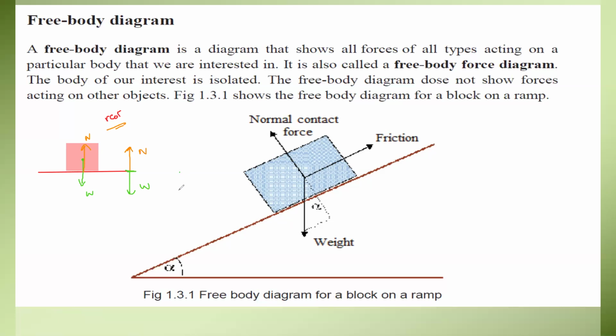If you draw a free body force diagram and the arrow representing the weight is longer than the normal contact force, it means there is a resultant force downward. So the length of the arrow is also important whenever you draw a free body force diagram.